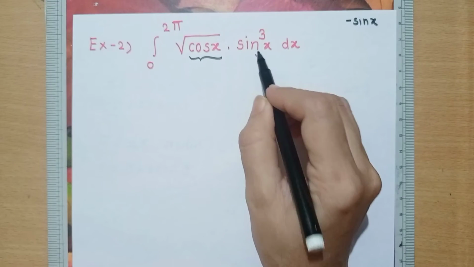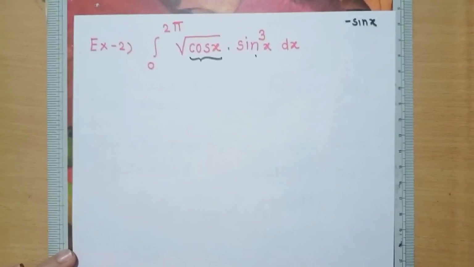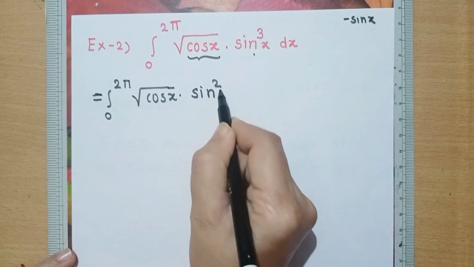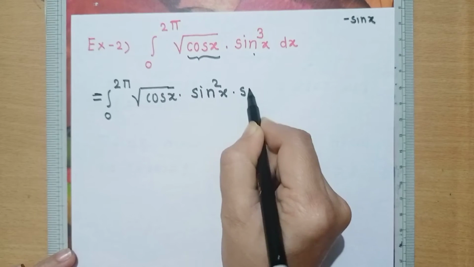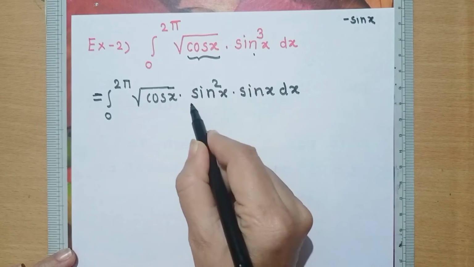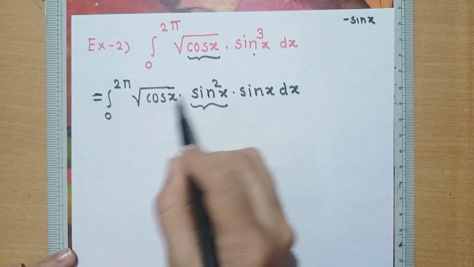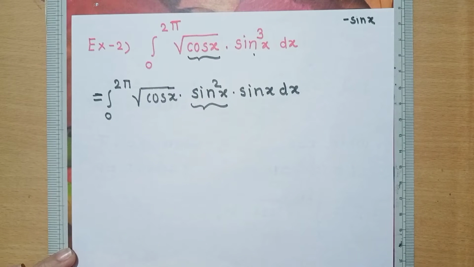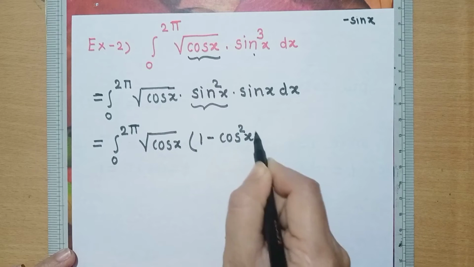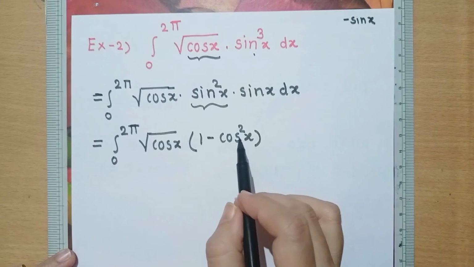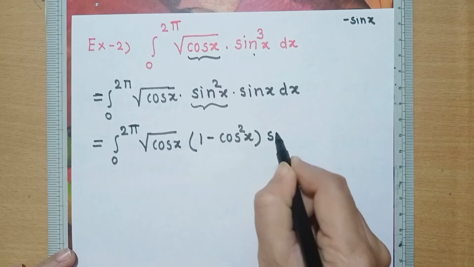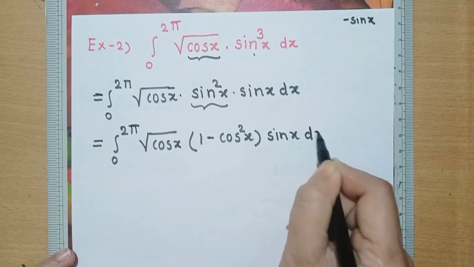So we will split this sin cube x as, so here we will write sine square x, and again into sine of x dx. And again we will express this sine square x in terms of cos x as 1 minus cos square x. We know the identity, sine square x plus cos square x equal to 1. And this term as it is, so sine of x into dx.